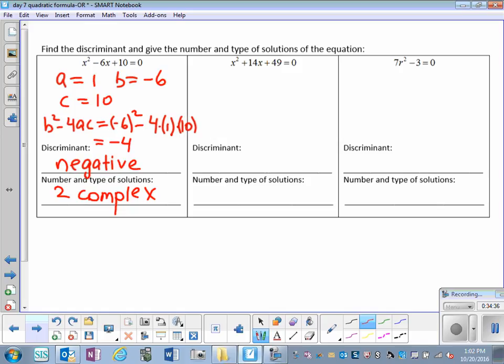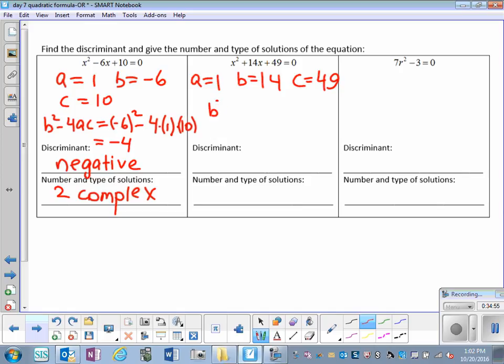So let's do the next one. I have my equation in the standard form. So what is my a? What is my b? What is my c? 49.